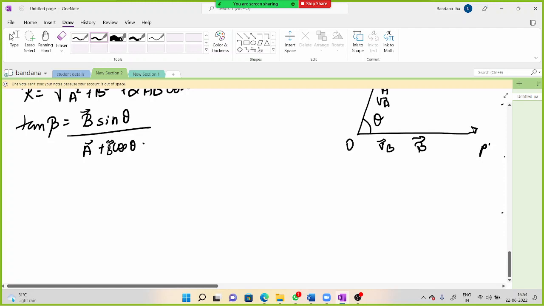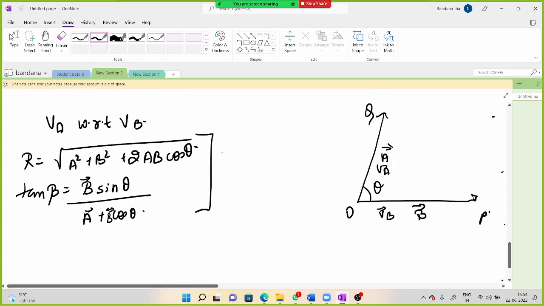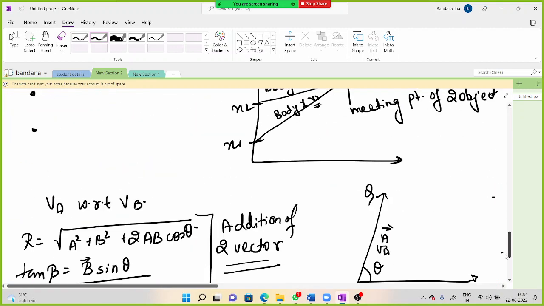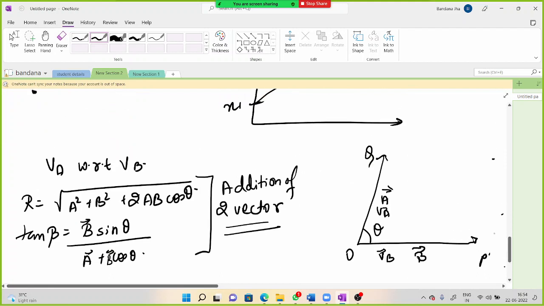Correct? But this rule is for what? Addition of two vectors. Remember? Vector addition. Clear, beta? Okay, ma'am. But here we have to find out relative velocity.